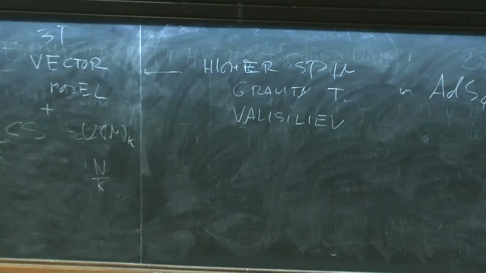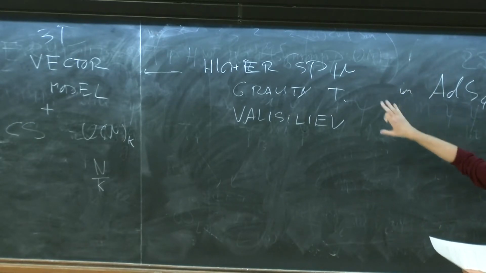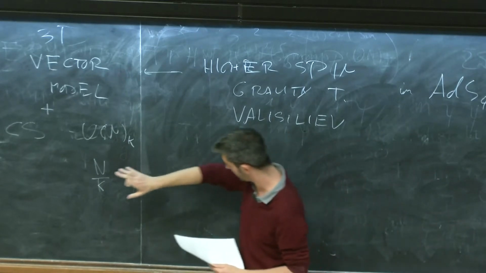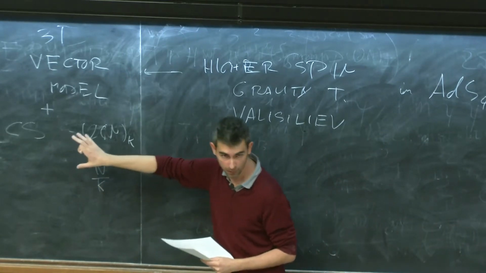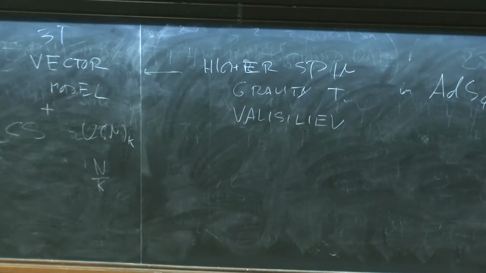Because of lack of time, I will not go through the historical development of this story, so I will not describe the large N. I will just say something maybe tomorrow. But I will jump to the finite N proposal for this duality. In particular, I will not talk about gravity or AdS/CFT. I will just describe what is the proposal for these field theory dualities at finite N.